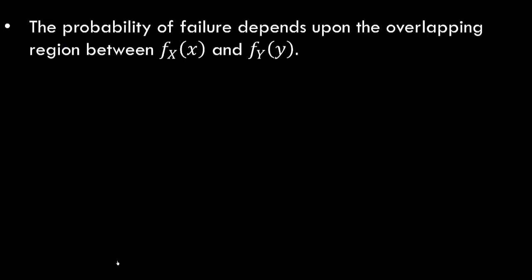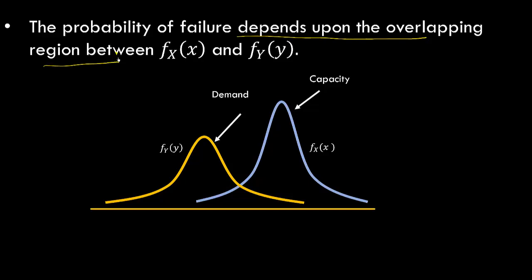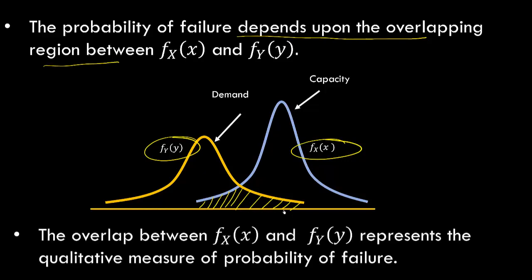So the probability of failure depends upon the overlapping region between fx and fy. So this is my fx and this is my fy. So this area, that is the overlap area, is a qualitative measure of probability of failure. So the same is written here.